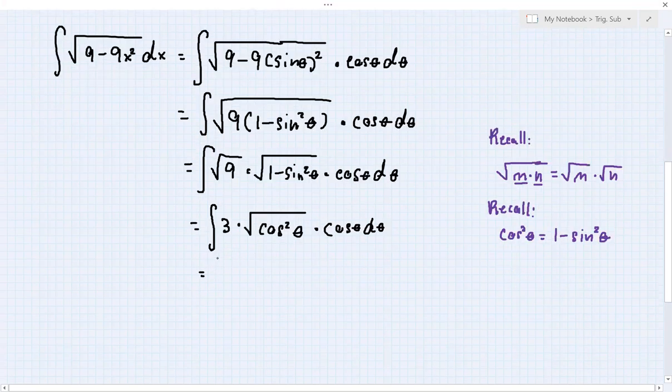Alright? So, integral of 3 times, since cosine squared is inside a square root, the square will cancel.